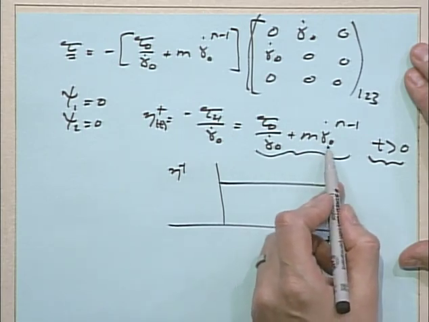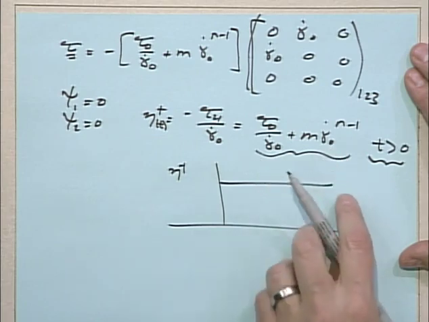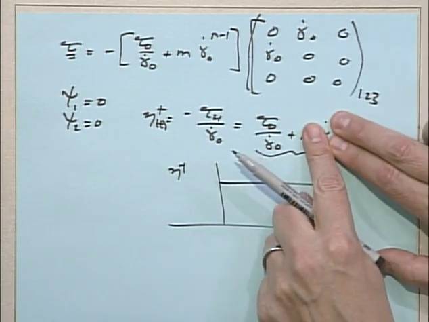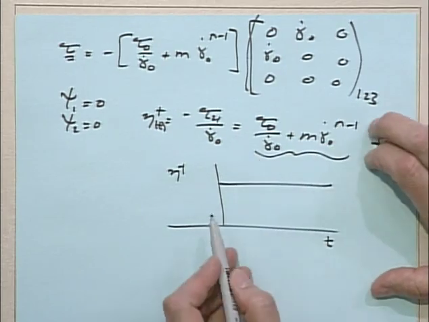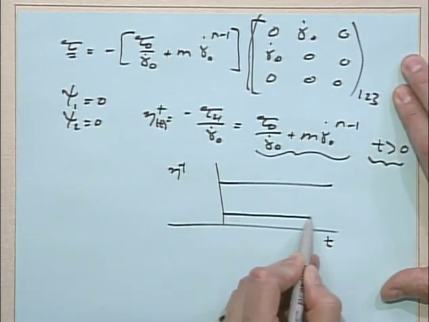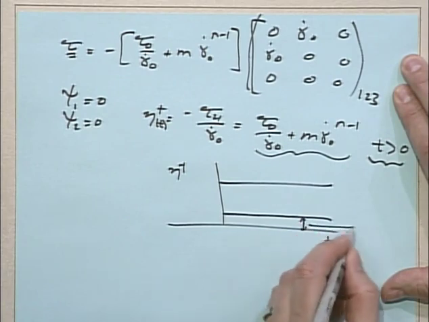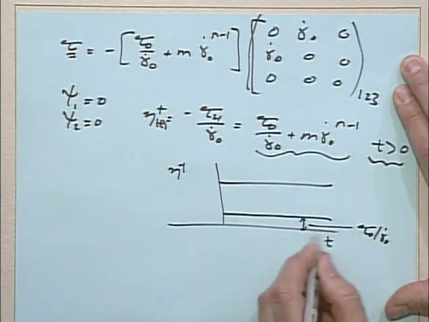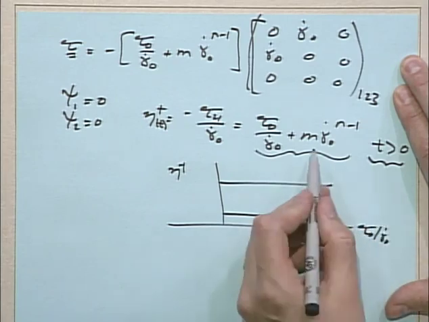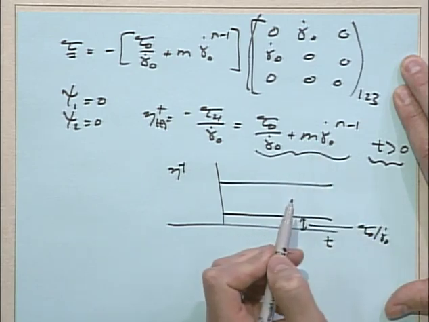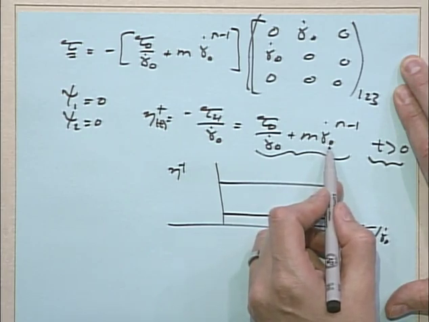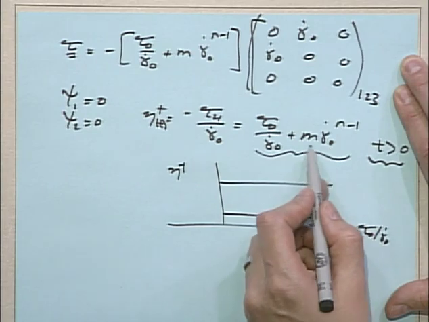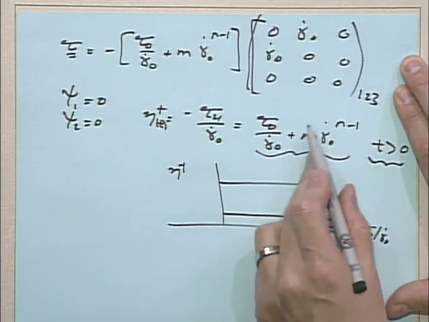Okay? So if gamma dot naught is 0, we get that it's equal to tau naught over gamma dot naught. So that means for very, very low gamma dot naught, it comes to some value, tau naught over gamma dot naught. That's the lowest it can become. And then as you increase gamma dot naught, you add this term.